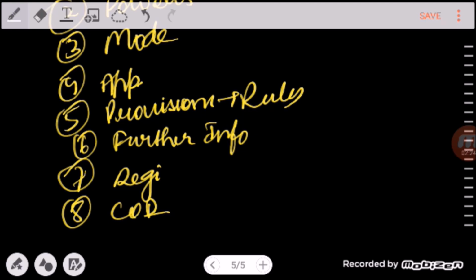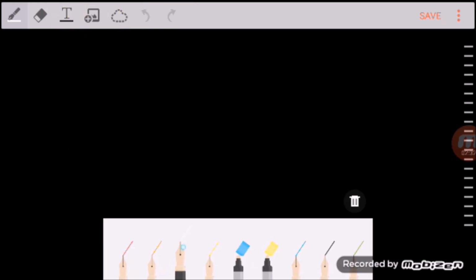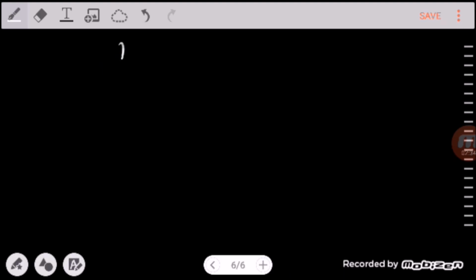So let us discuss the first point, which is appointment of registrars.